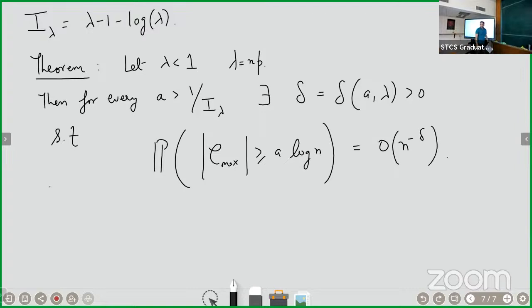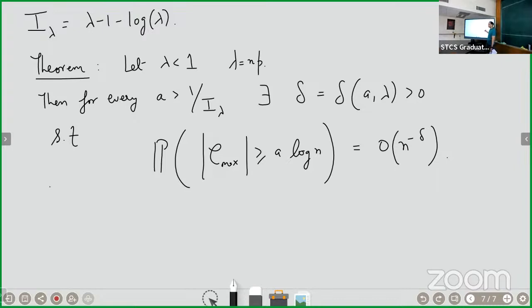C max is: take the connected components of all vertices, and take the max over all possible vertices. And cardinality is just the number of nodes in that. What is it saying? That the probability that the largest connected component is of size greater than a times log n is decreasing as n to the minus delta, where delta is greater than 0.